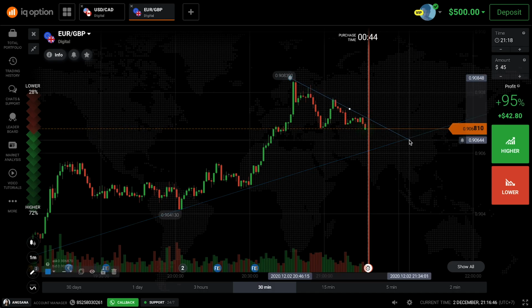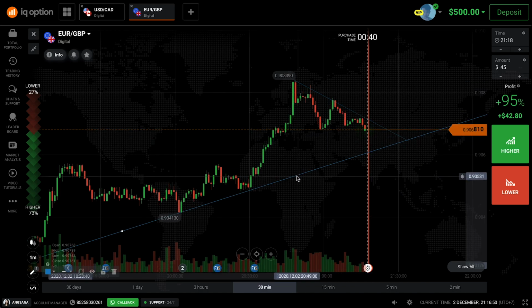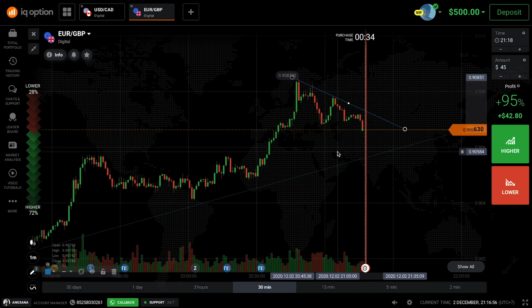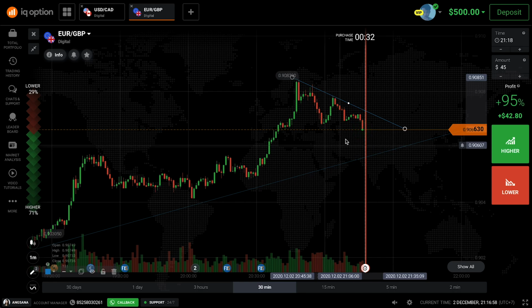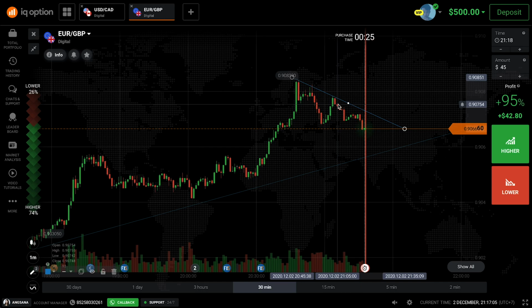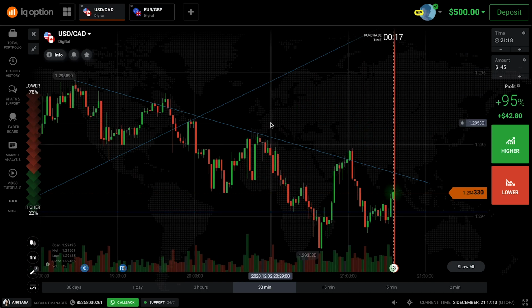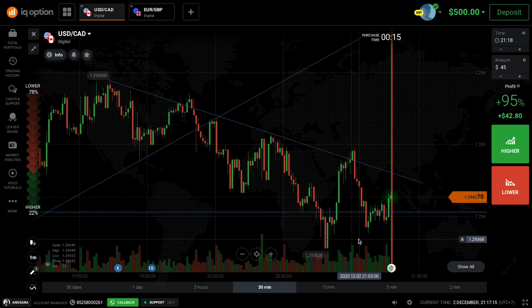You need to learn to use it because it really helps in trading. The trend line always tells you that in a normal or good market condition, the price will always bounce around the trend line, the trend area. So I will check this condition also.